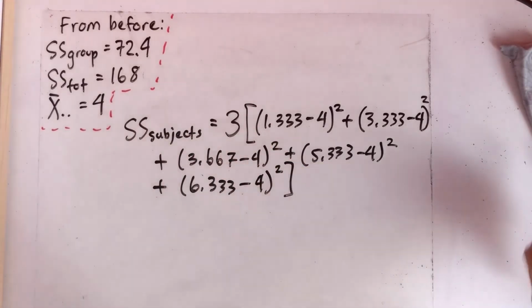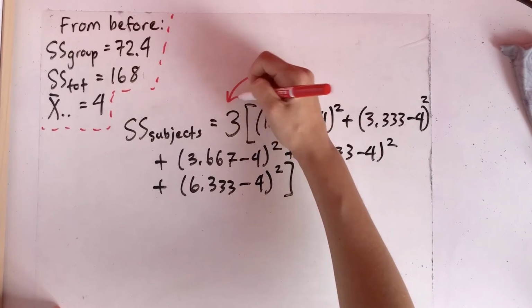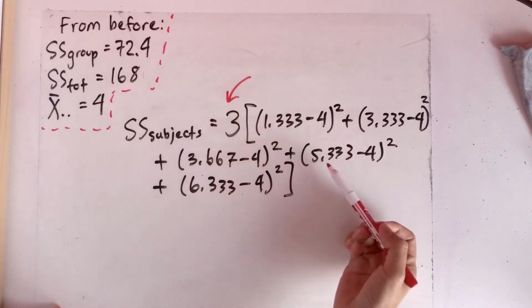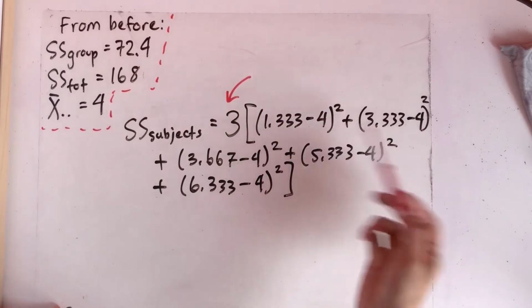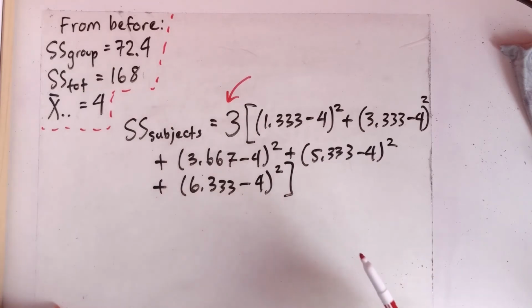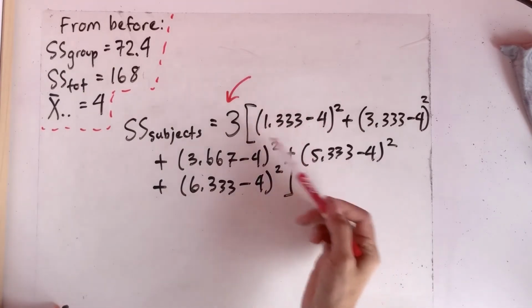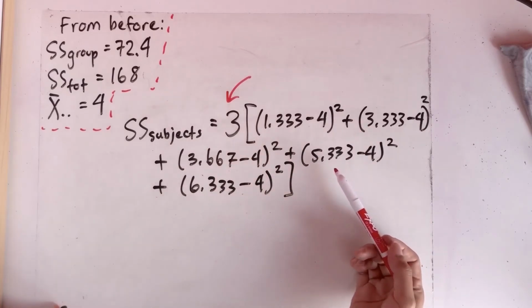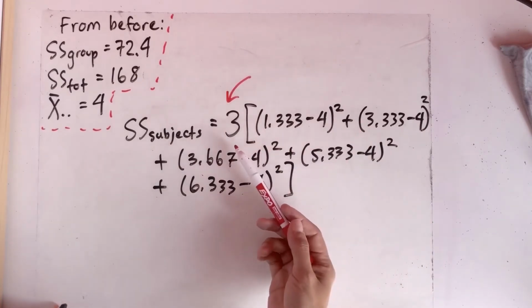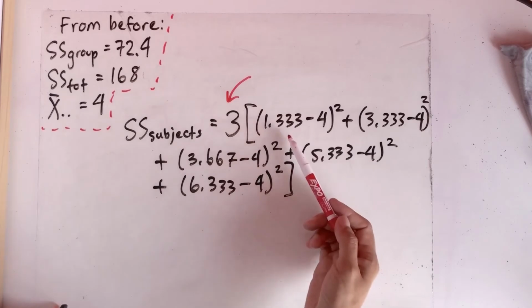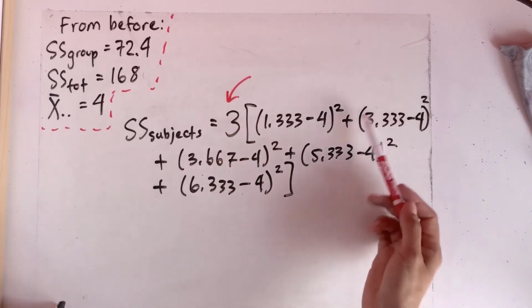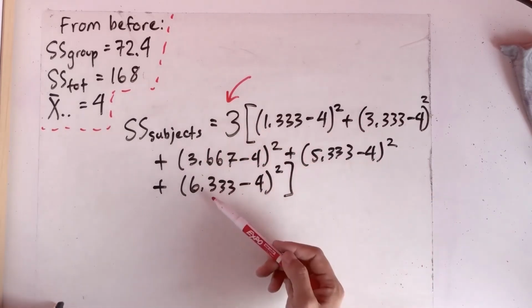So let's break this down so that you understand where that 3 is coming from. Whenever we have these sums of squared deviations, what we need to account for is how many observations contributed to each one. Well, 3 observations contributed to subject 1's mean, as did 3 for subject 2's, 3's, 4, and 5 means.